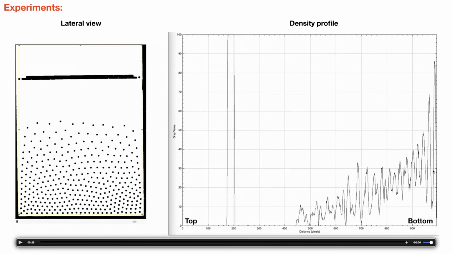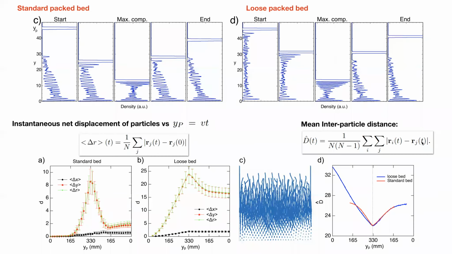So to characterize the system, we analyze these density profiles. You can see here that for the standard packed bed, basically the density profile follows a hydrostatic dependence with zeta, or with y, that is the vertical position. And there is the density inversion in the maximum compression test. And at the end, the initial state and the final state are basically very similar.